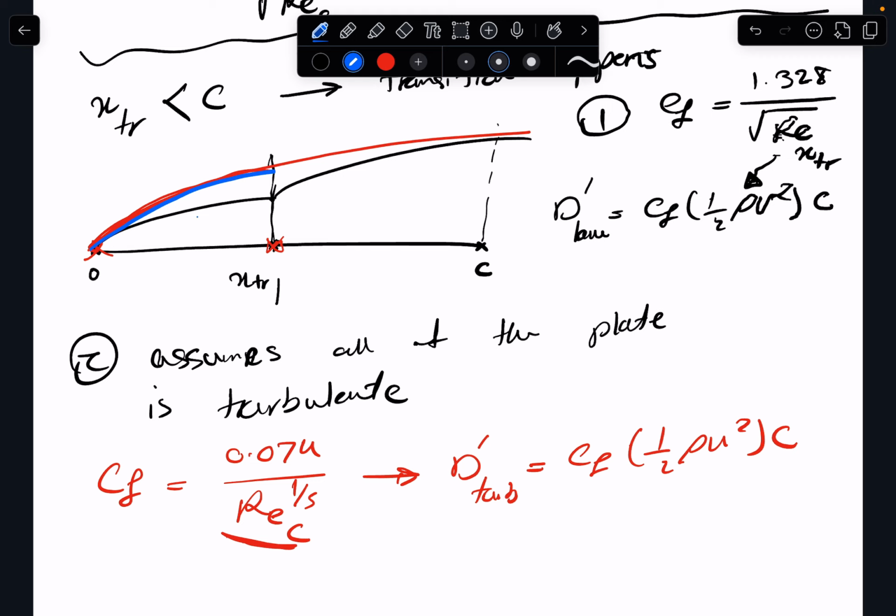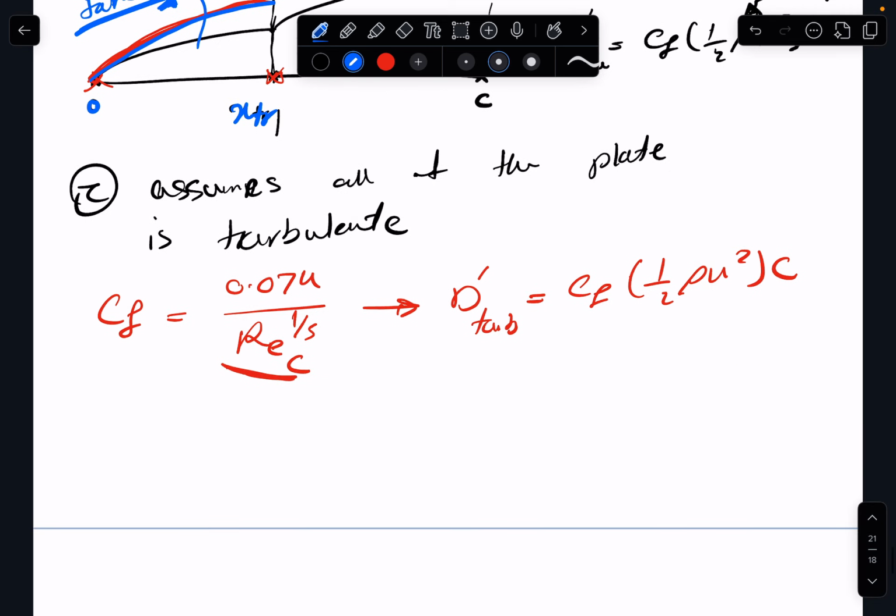And this is essentially the fake turbulence part, the laminar part, right? We are going to calculate the fake turbulence friction coefficient from 0 to X transition, and then remove the blue part, the laminar part, from the whole turbulent part from 0 to C.